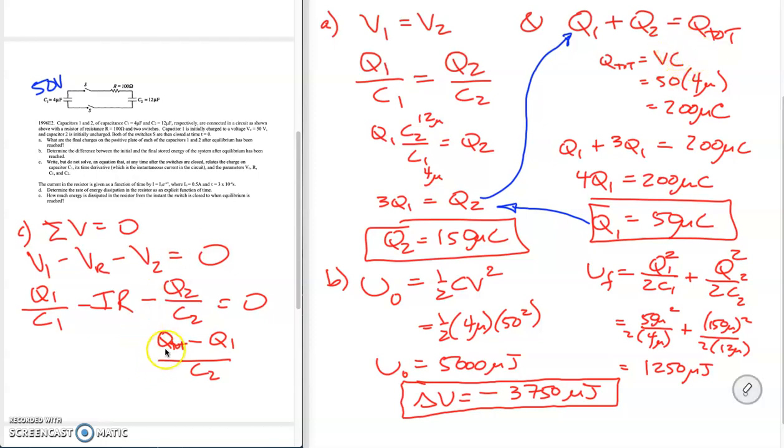So we're going to have to get rid of Q total again and write in the original voltage. I can't believe I started to say velocity. The original voltage times capacitor 1 for that guy. And then we have Q1 over C1.